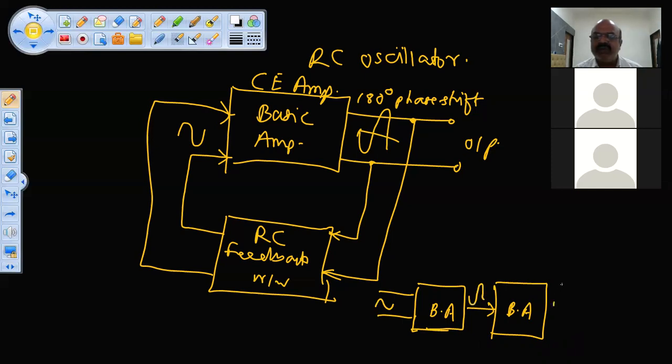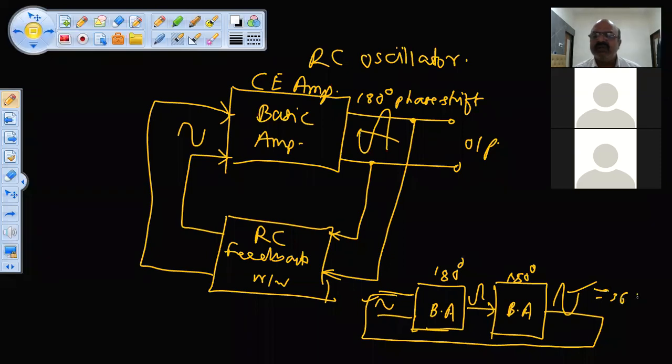This will be again phase shifted by 180 degrees. So you get the same original signal in the same phase, and if I feed back this signal, then there is no problem. This is 180 degrees phase shift, this is also 180 degrees, so it becomes totally 360 degrees, which means 0 degrees. You get the original signal as it is without any phase shift.